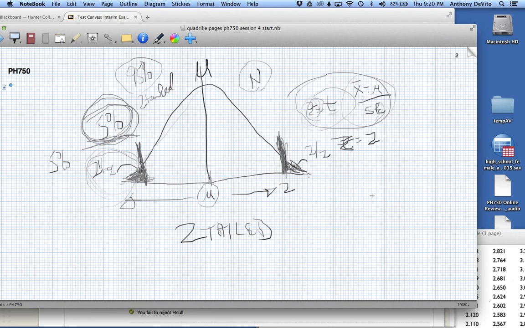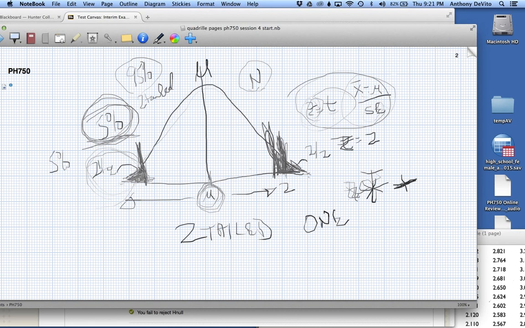But now think about this. If I made the assumption that x bar can only be bigger than mu, or rather that the z or t value for this x bar can only be a positive number, and so it's only a one-sided test, then I could put all 5% of my possible error here.